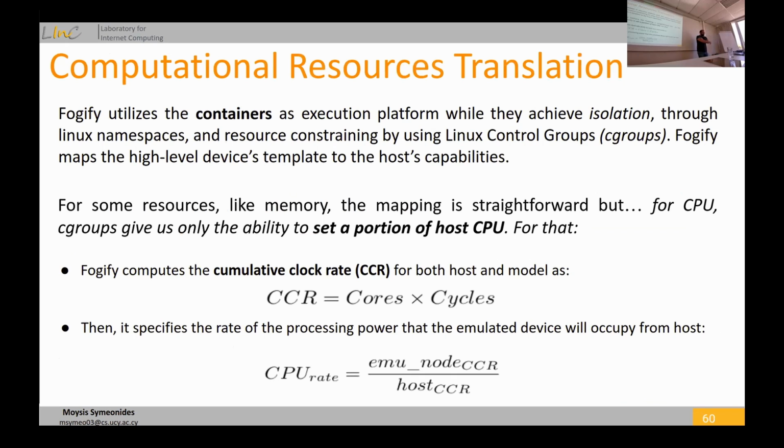So another point is how Fogify translates the description into an execution environment. As I said at the beginning of my presentation, we utilize containers. And in order to isolate the different containers, of course, we utilize the Linux namespaces. And in order to constrain the resources of a container, we utilize cgroups.